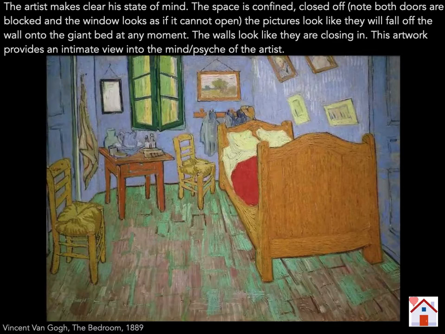And so it provides an intimate view into the mind or psyche of the artist, because he actually writes to his brother Theo every day, and he talks about this painting and says it's such a peaceful place, and yet he's not showing us a peaceful place. And so it allows us to understand his mental state, because he doesn't comprehend the difference between what he sees as peaceful and what he's showing.